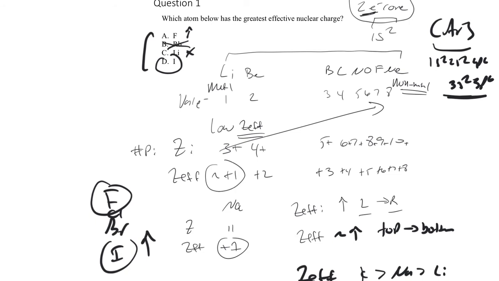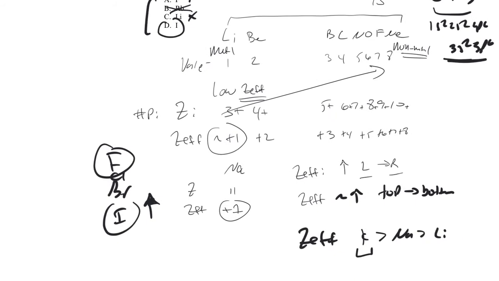Iodine is going to have a slightly higher effective charge compared to fluorine, and it's due to the core electrons increasing in size, and those electrons not dampening as much charge. So there's an equation that says our effective charge is equal to Z minus S. S is approximately equal to the number of core electrons, but as those core electrons get bigger, they're not as effective.